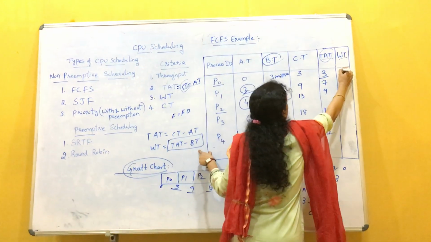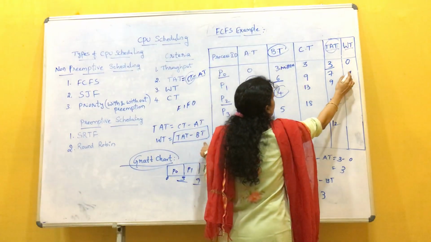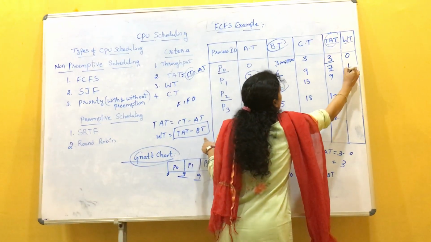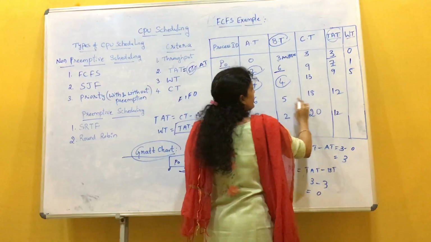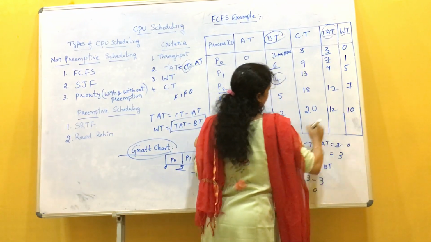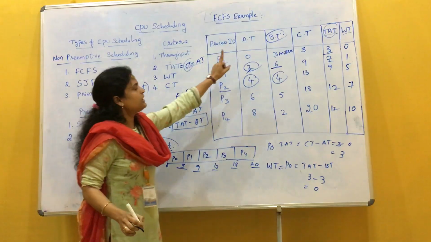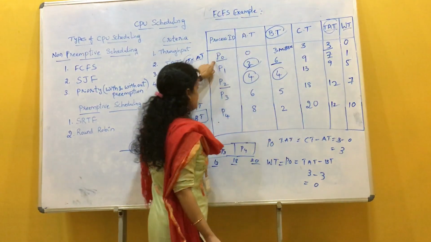Like this we calculate for every process: 7 minus 6, 1. 9 minus 4, 5. 12 minus 5, 7. 12 minus 2, 10. So these are the waiting time and turnaround time of each and every process.